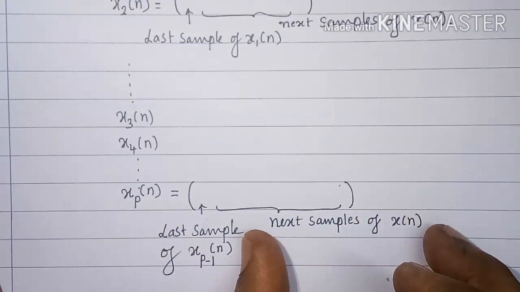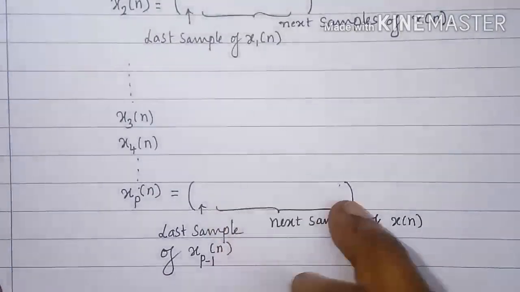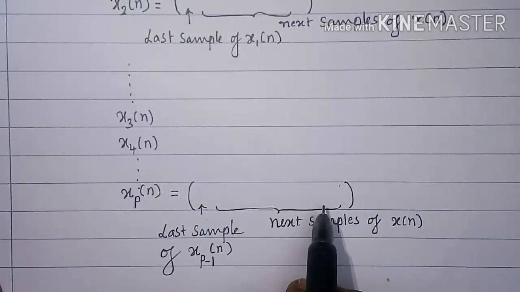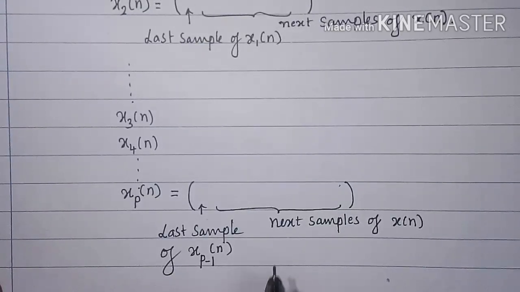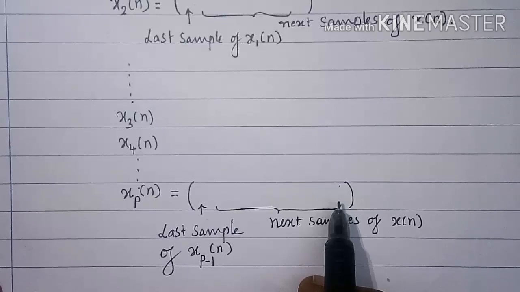If there is shortage of samples from x of n to place here, in that case we have to pad with zeros. That means at the end we have to place zeros of required number.